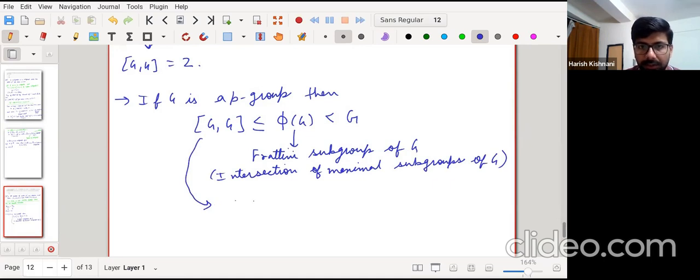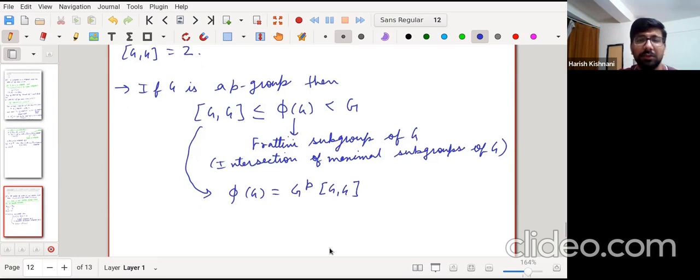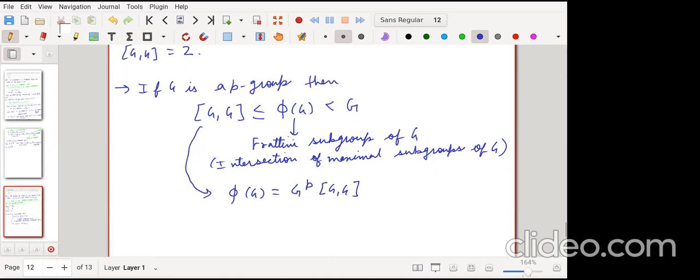You can check that for p-groups, phi of G is the product of G^p times the commutator subgroup, where G^p is the subgroup generated by all pth powers. So by this, the commutator subgroup is a subgroup of phi of G, and phi of G has to be a proper subgroup if it's a finite p-group.